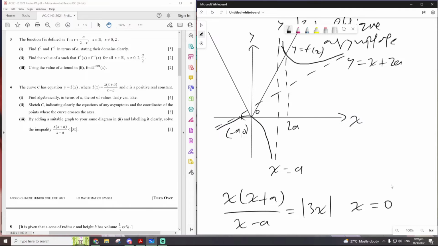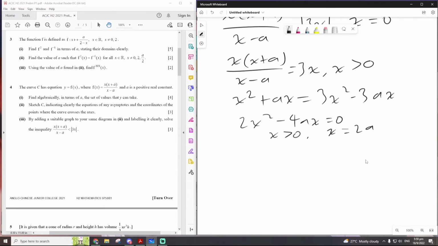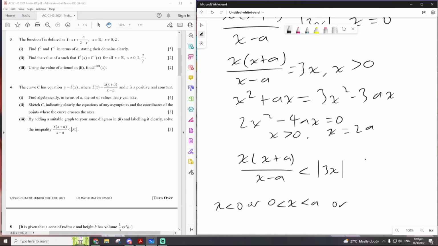So that means that x times (x plus a) divided by (x minus a) less than mod 3x. The solution is, actually no, it should be x less than 0, or 0 less than x less than a, because we exclude 0, or x is greater than 2a. So that will be your solution to this graph.